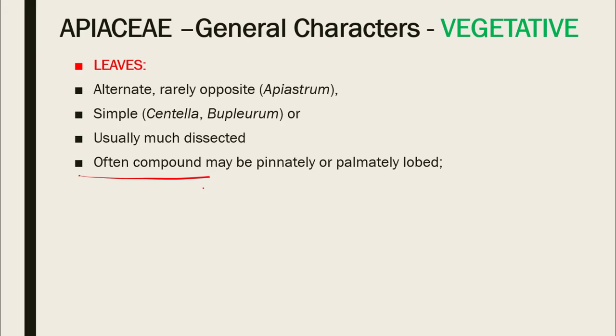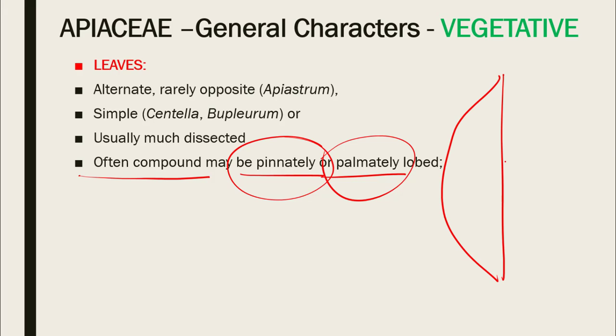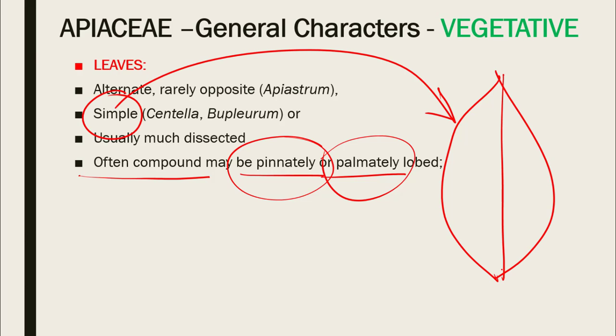Often the leaves are compound, and they are pinnately or palmately lobed. So they can be pinnately compound or palmately compound. We have already seen these terms before. A simple leaf is one in which the entire lamina is one piece. This is the petiole, this is the midrib, and these are its veins. So this is a simple leaf.